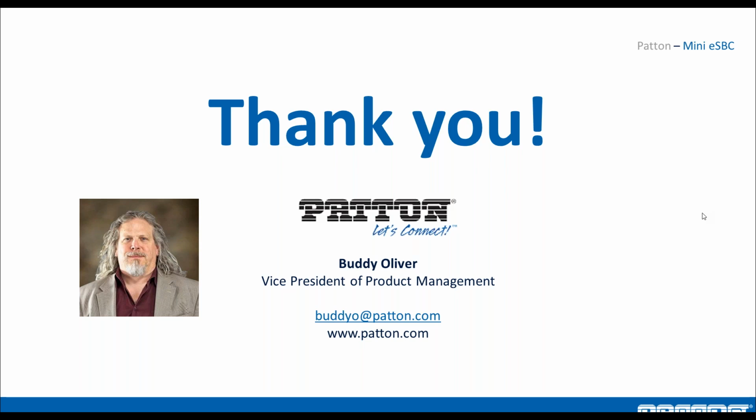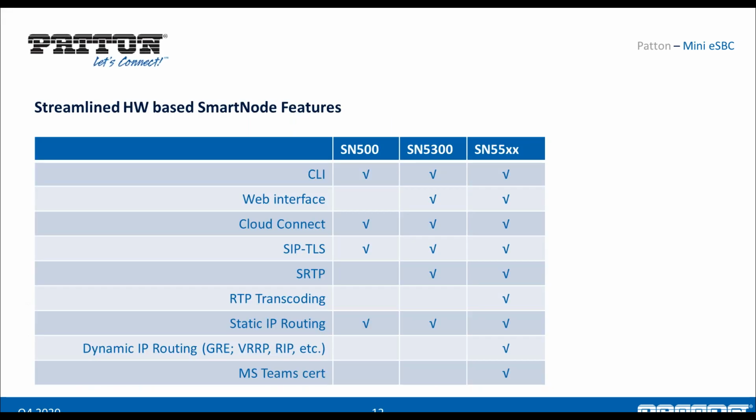Perfect. And are there any cloud features or functions that the SN500 does not support? Yeah, that was back a little earlier. Our website has a unit by unit comparison of the features, but this is the base slide that shows the difference of the hardware-based SmartNode features.